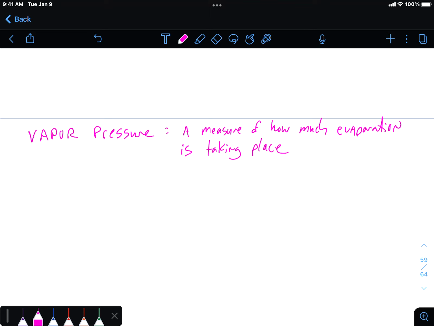So going back to that same example of liquid A and liquid B, because there is evaporation, that means liquid molecules turn into gas molecules.